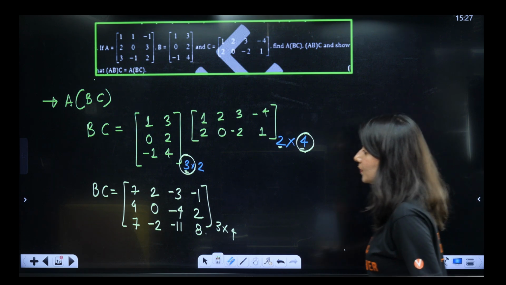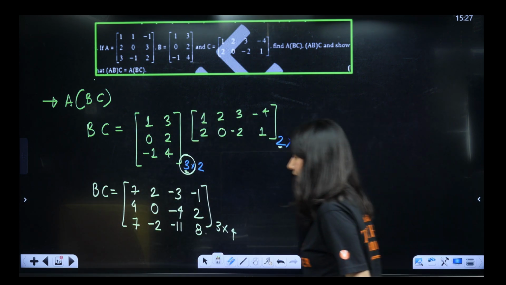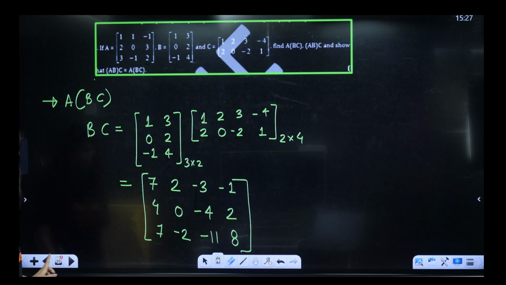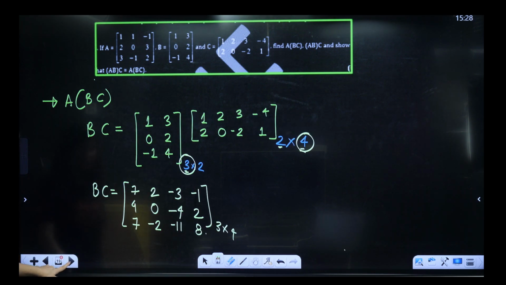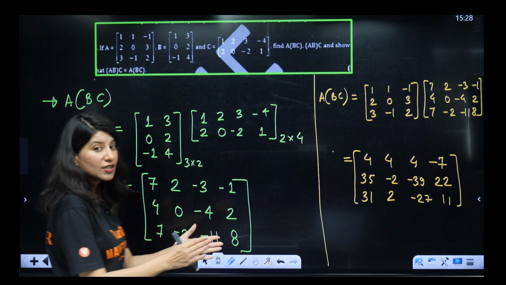Now, what to do? Because we have calculated BC, now you have to pre-multiply A. Let me show you, I have done that for you as well. This is what your BC is. Now you want A(BC), correct? So this is your A(BC).